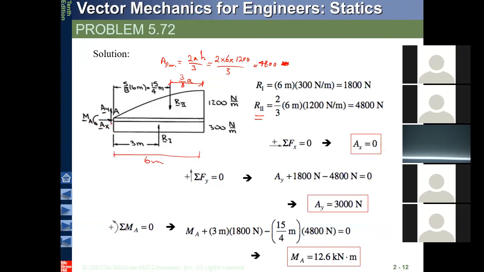We have 3 unknowns, and well, let's start with the equilibrium in the x direction. We have no external force in the x direction, and then ax would be 0, and then we write the equilibrium equation for the y direction, and then we have ay plus 1800, which is r1, minus 4800, which is r2, equal to 0, and then you'll get ay as 3,000 newton.